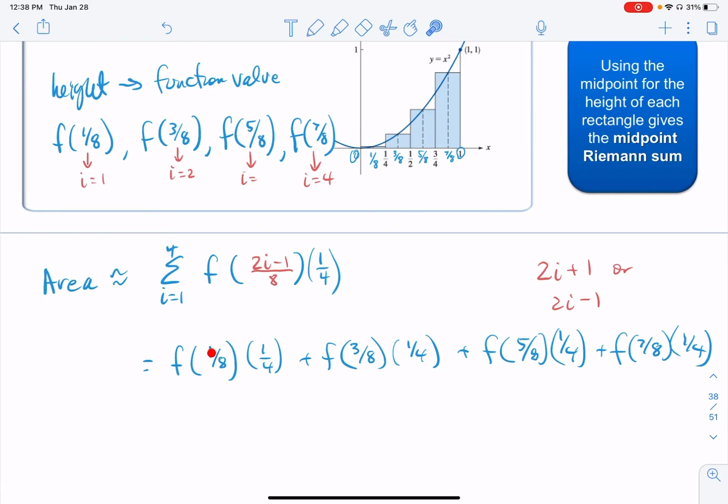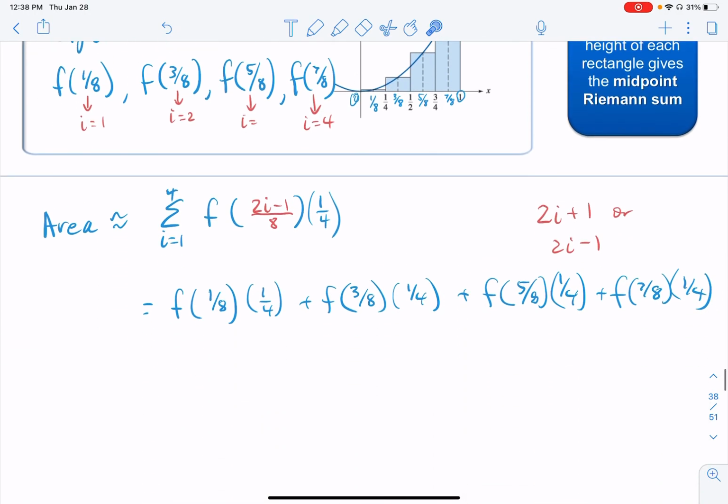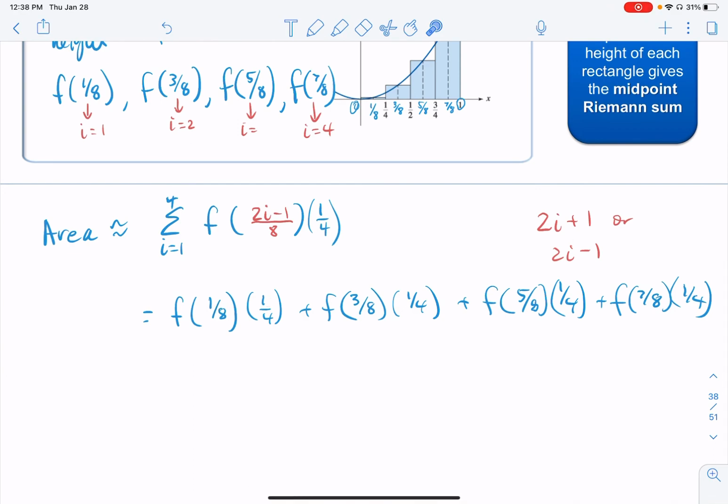You get f of 1/8, of course, by just plugging that thing into the function, right? It's 1/8 squared, and then you're going to multiply that times 1/4. Add up all of those things, and you should get 0.34375.